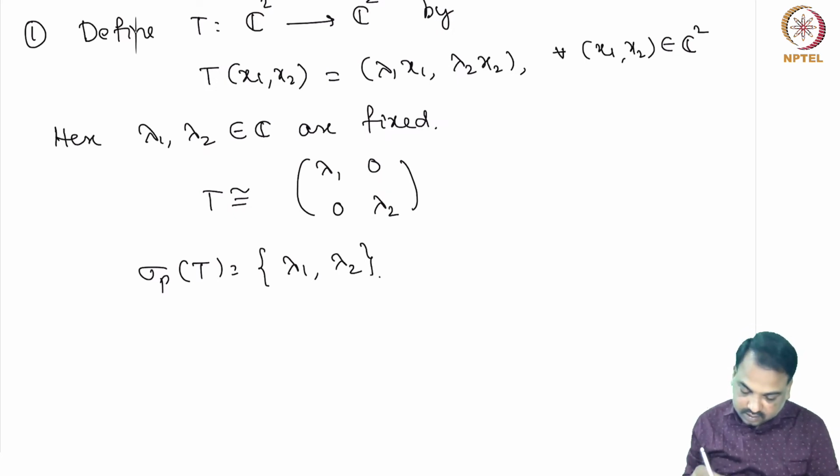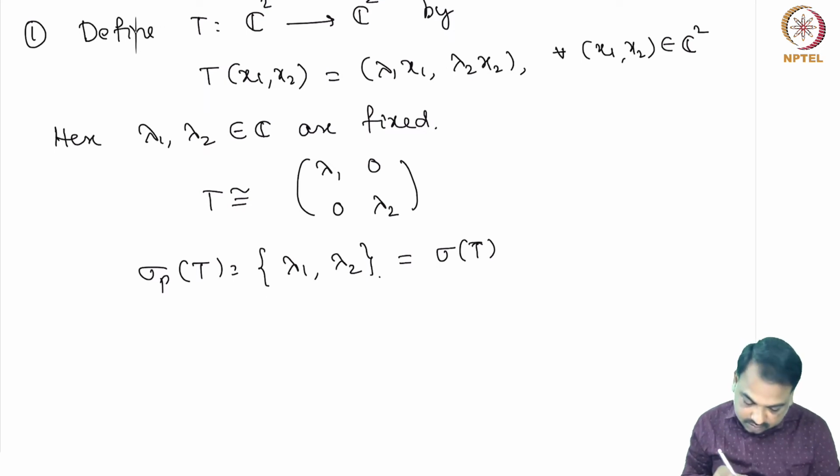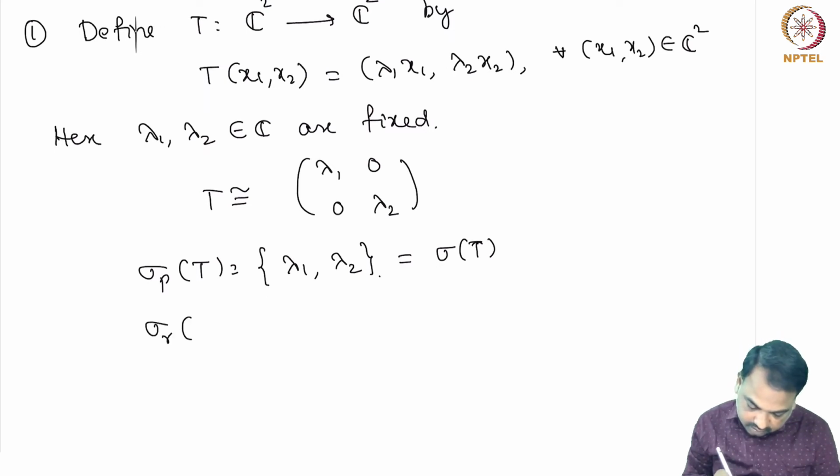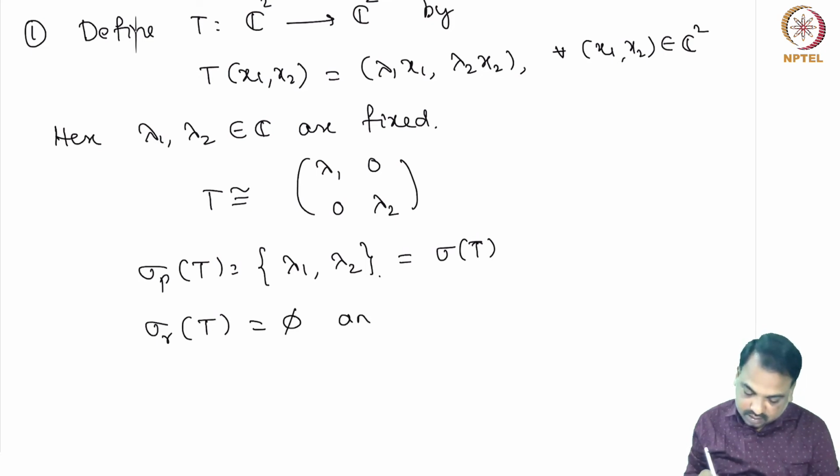In fact, if you take any lambda which is not equal to lambda 1 and lambda 2, you can say that T minus lambda is invertible. That means we can conclude that the point spectrum and the spectrum are the same, and in this case the residual spectrum is empty and the continuous spectrum is also empty.